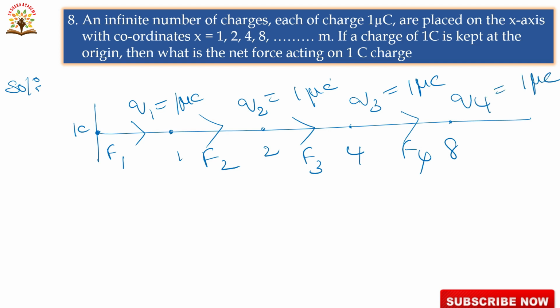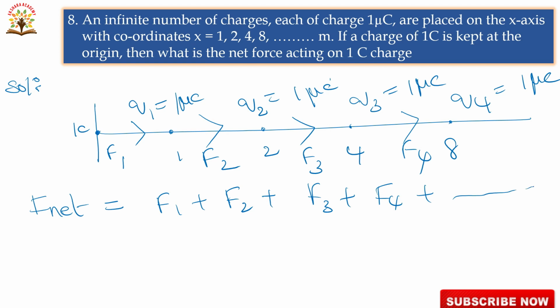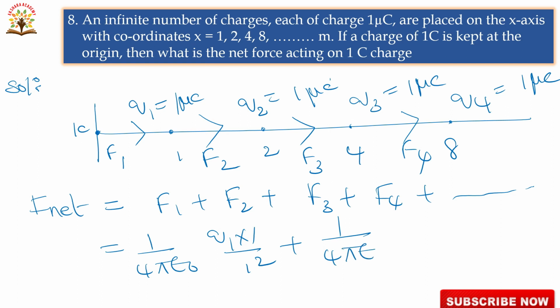Now, the net force F net is equal to F1 plus F2 plus F3 plus F4 plus and so on. So that is equal to 1 by 4 pi epsilon naught Q1 into 1 by 1 square plus 1 by 4 pi epsilon naught Q2 into 1 by 2 square plus and so on.